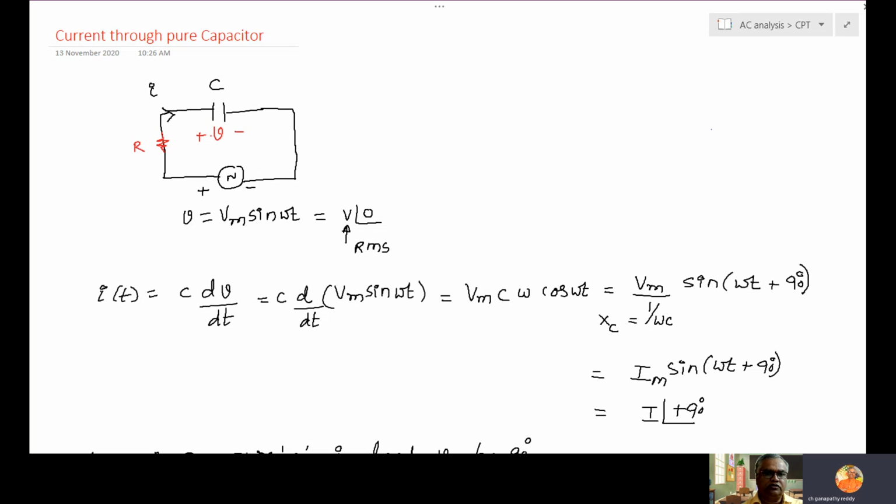So when the voltage across the capacitor is 0, the capacitor is like a short circuit. When the capacitor is a short circuit, maximum current will flow in the circuit. When the capacitor is fully charged to the applied voltage Vm, then the potential difference across the resistor is 0, then current is equal to 0. Voltage maximum means current 0. Voltage 0 means current is maximum.